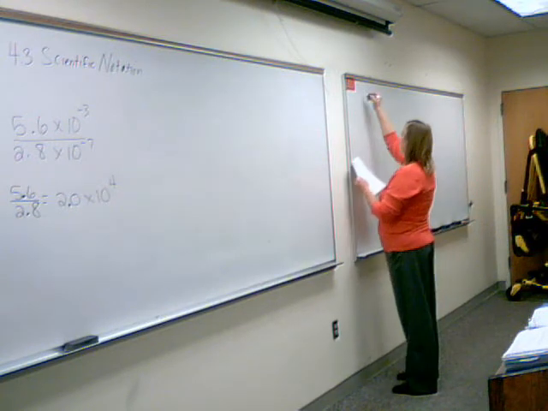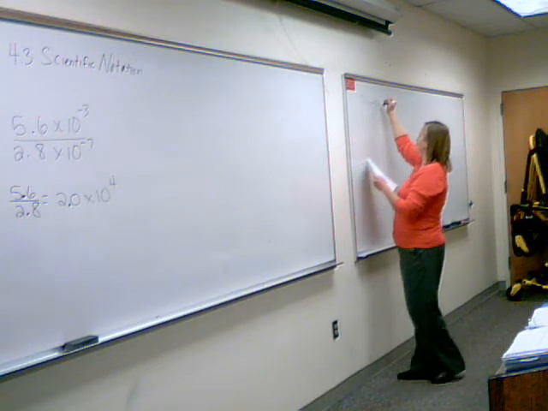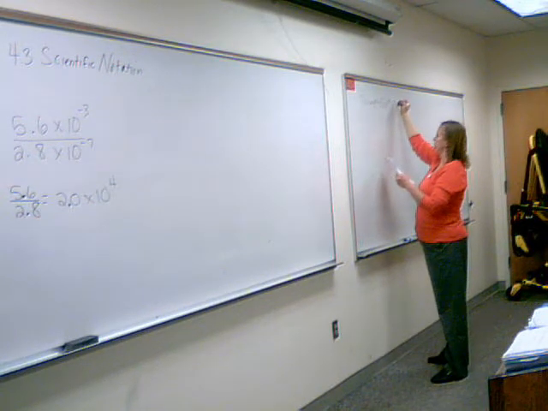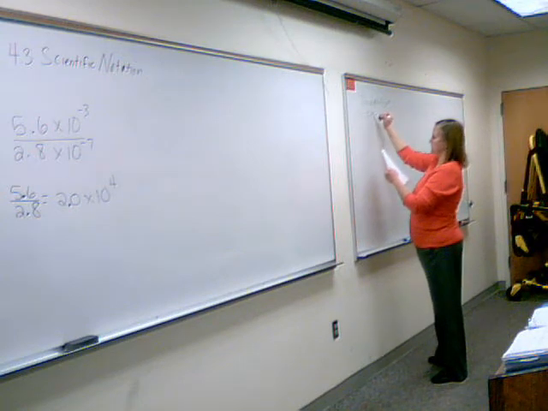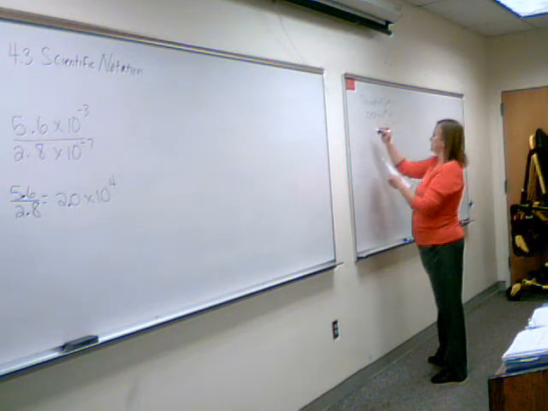Let's look at a problem. It says the weight of Earth is 5.972 times 10 to the 24 kilograms.